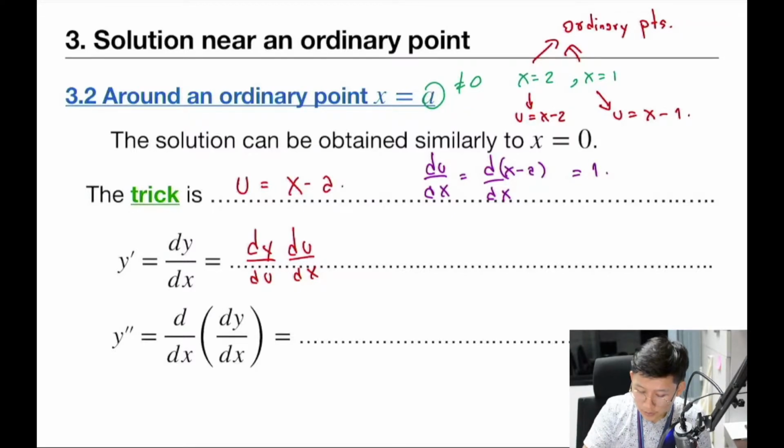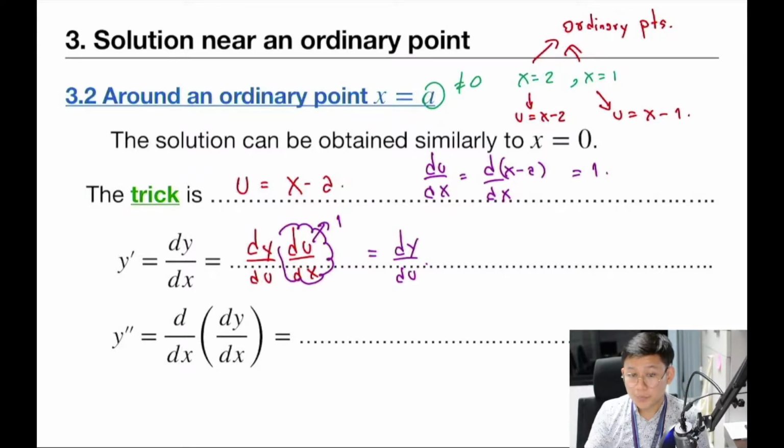So this is 1, and we have just dy by du. What you need to remember is that y prime, which is dy by dx, is the same as dy by du.